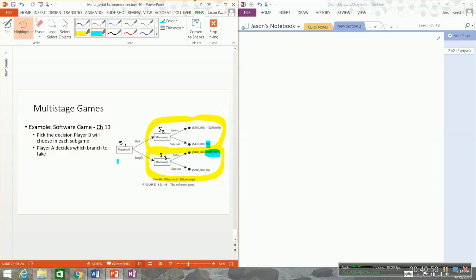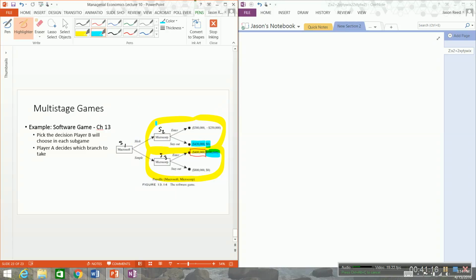Well then, knowing that, Macrosoft is going to look at each node and what the payoffs are. At S2, we're going to see that they would rather choose $430,000 rather than the $400,000 if they were to choose to get to node S3. So what is the Nash equilibrium of the game?